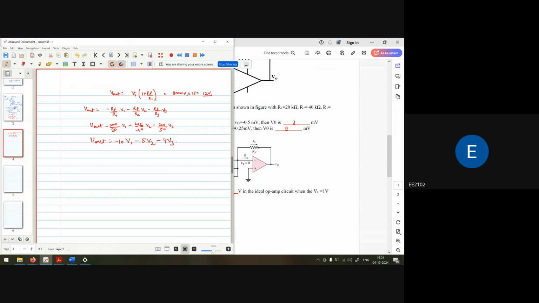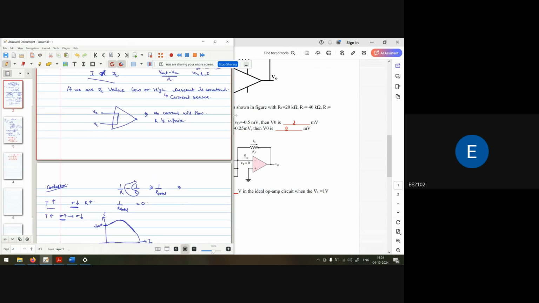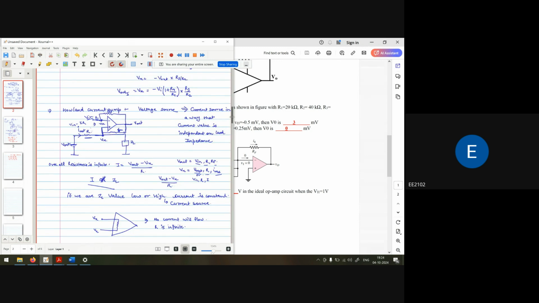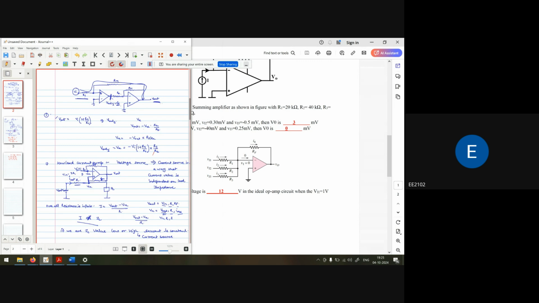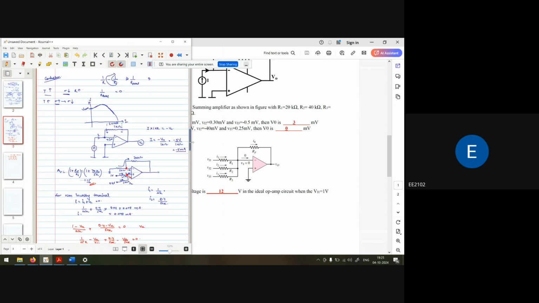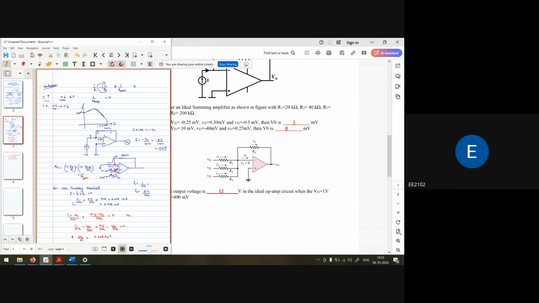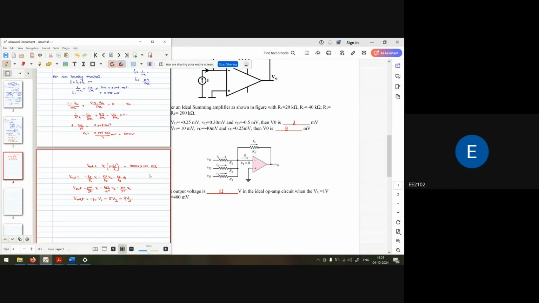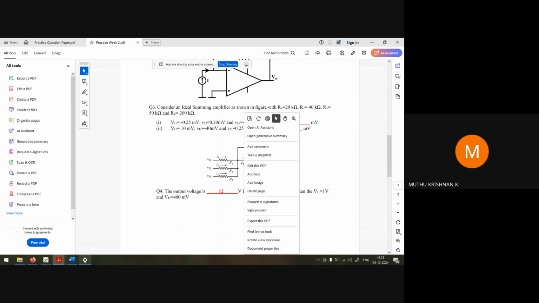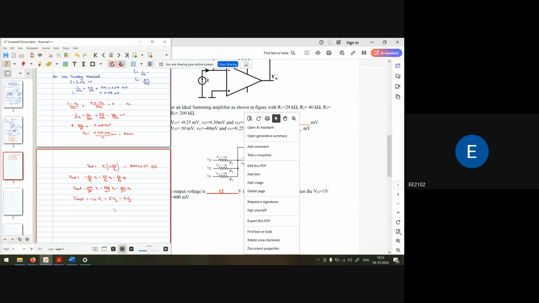Now put the values of V1, V2, V3. What are the values? 10, minus 40 and 0.25. So 10 minus 10 is... okay, it is 25, not 0.25. Yes, sir, I too had the same. Yes, it is 25. So minus 100 plus 200 and minus 100.